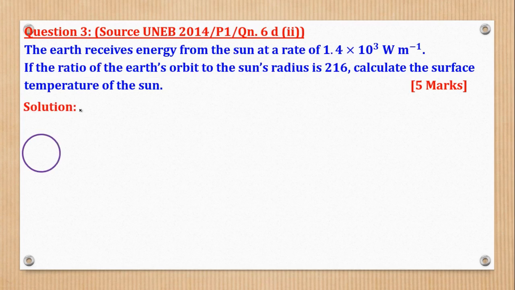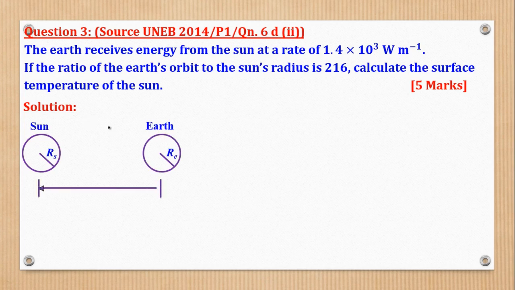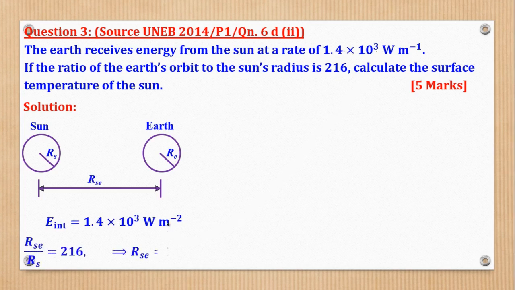So here still we shall sketch the Sun, the Earth, then the distance between the two. The energy intensity we are given as that, and they gave us the ratio of the Earth's orbit to the Sun's radius, that is RSE.